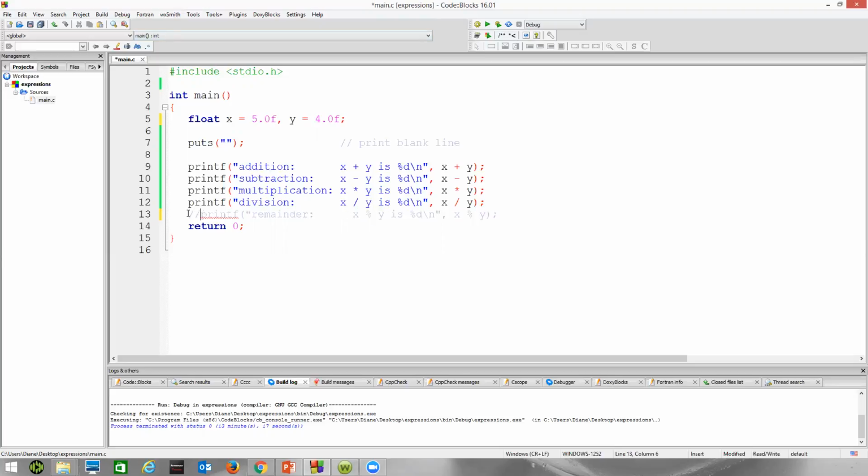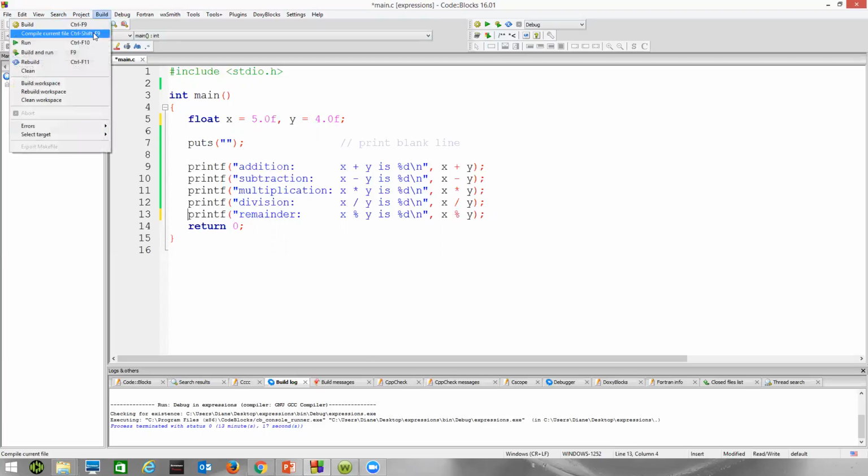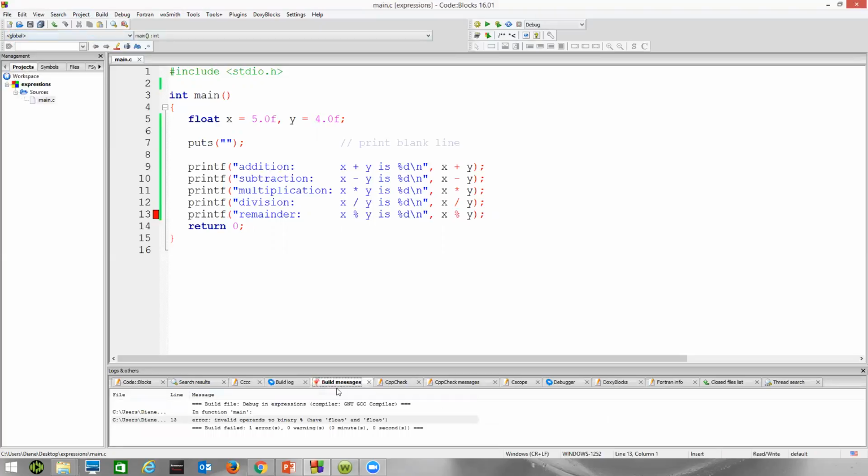I'm going to comment out the remainder operator because modulus doesn't work for float. Well, actually, let's leave it in and compile. So build, compile. We get a compilation error down here: invalid operands to binary percent sign, so modulus have float and float. So that's illegal. We'll comment that out.